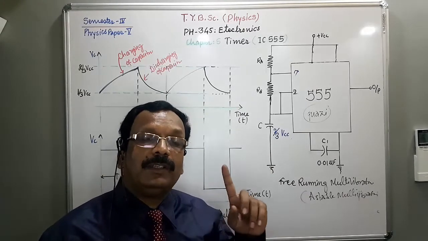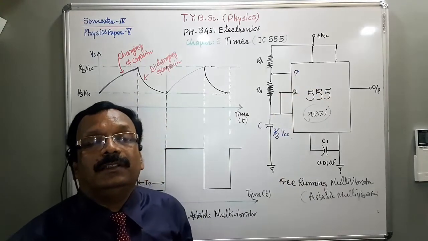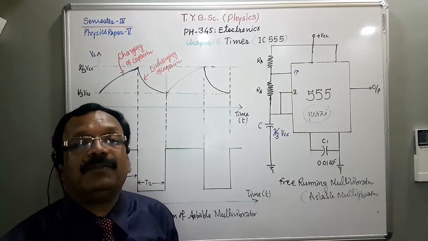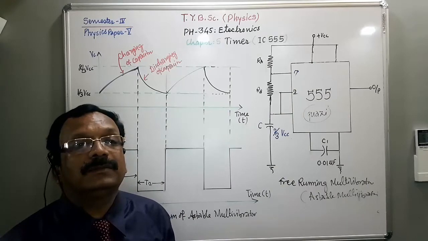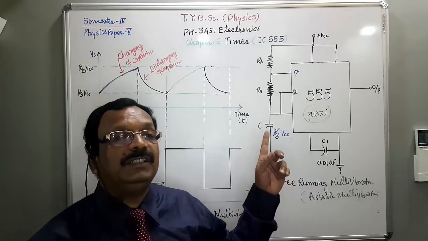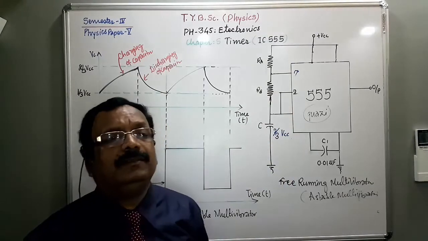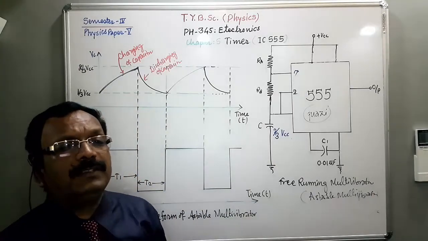The collector of the discharge transistor is connected to the discharge terminal, that is pin number 7, and therefore it causes the capacitor to discharge through RB only.